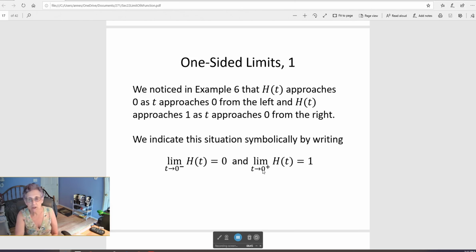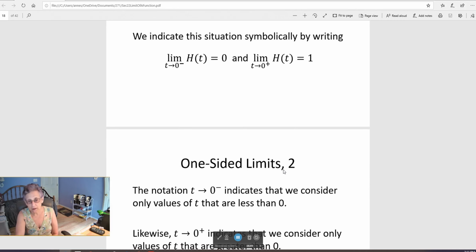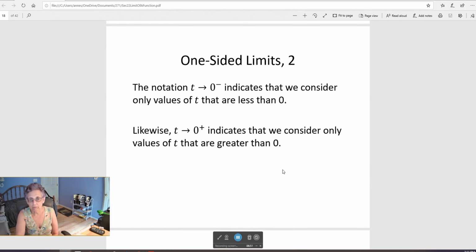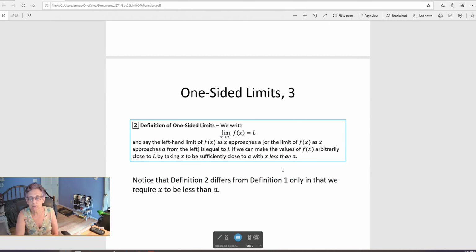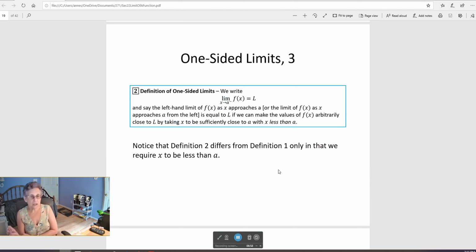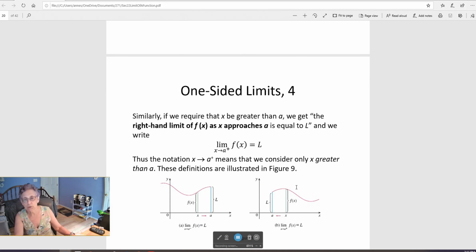The plus sign means we're approaching 0 from numbers that are bigger than 0. That just explains the notation to you. The definition looks almost exactly like the definition for a regular limit, except we require x to be less than a if we're approaching from the left, and we require x to be greater than a if we're approaching from the right.